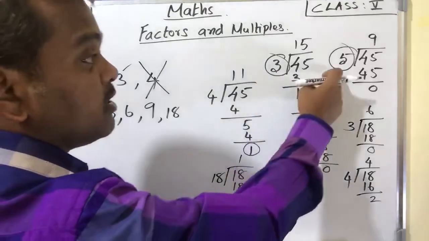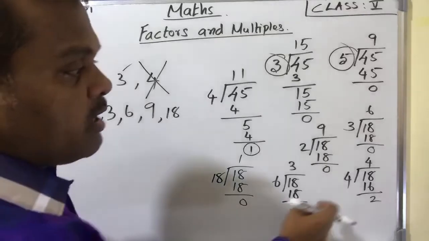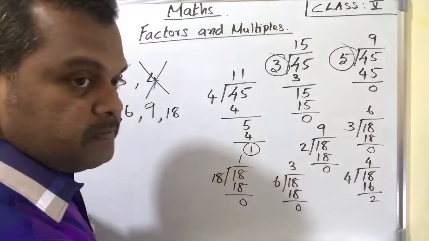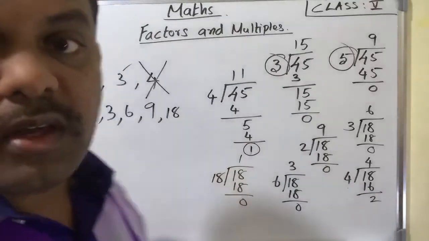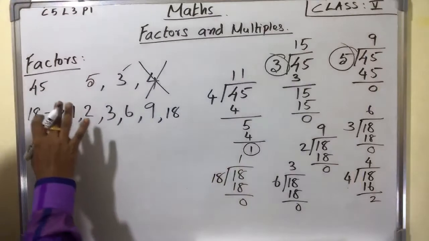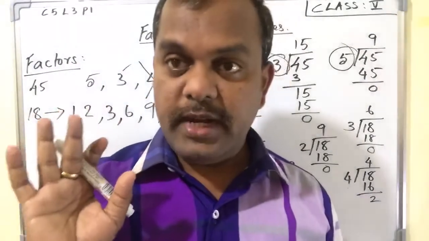So 3 is a factor, 5 is a factor. 4 is not a factor. And here, 18: 4 is not a factor of 18. So like that you have to find factors. I hope now you understand what factors are.